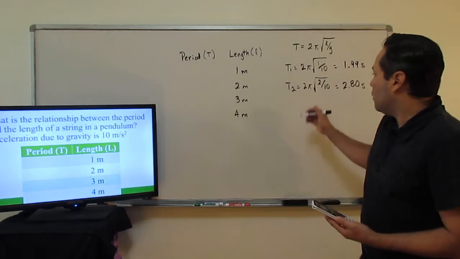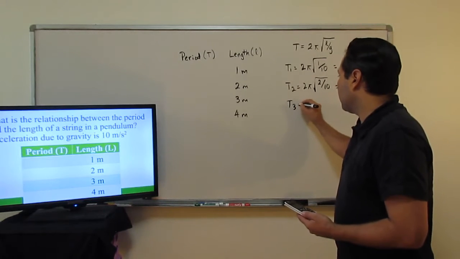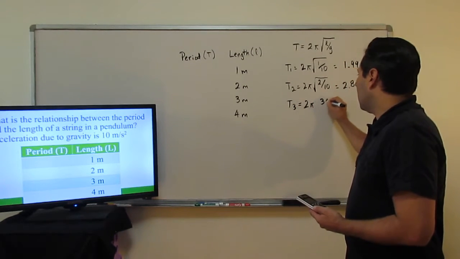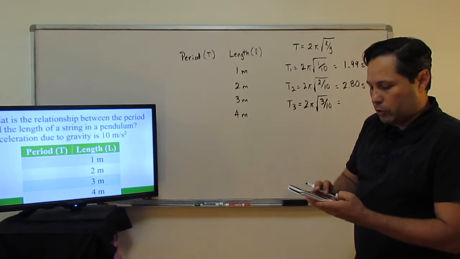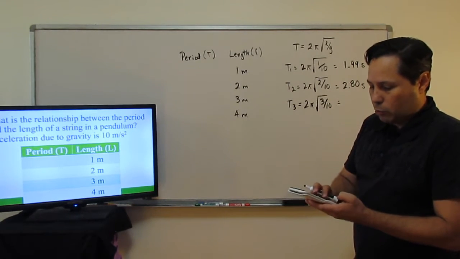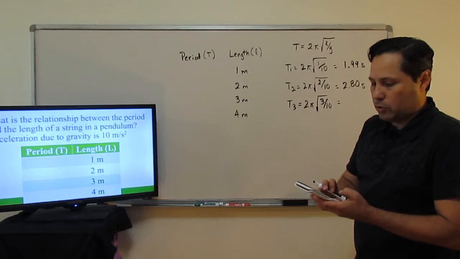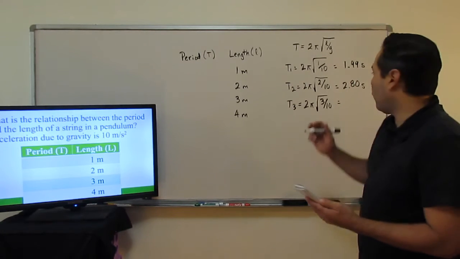Let's keep going. For our third trial, we have 3 meters. So it's going to be 3 over 10 square root multiply times 3.14 times 2. That's going to give us 3.44 seconds.